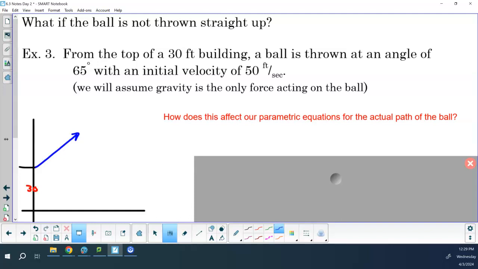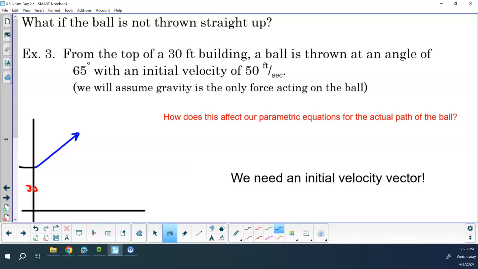What is the true path of our object going to be? It's going to be a parabola. It's going to be parabolic. I almost said parametric. It's going to be parabolic. The true path is now going to be parabolic.